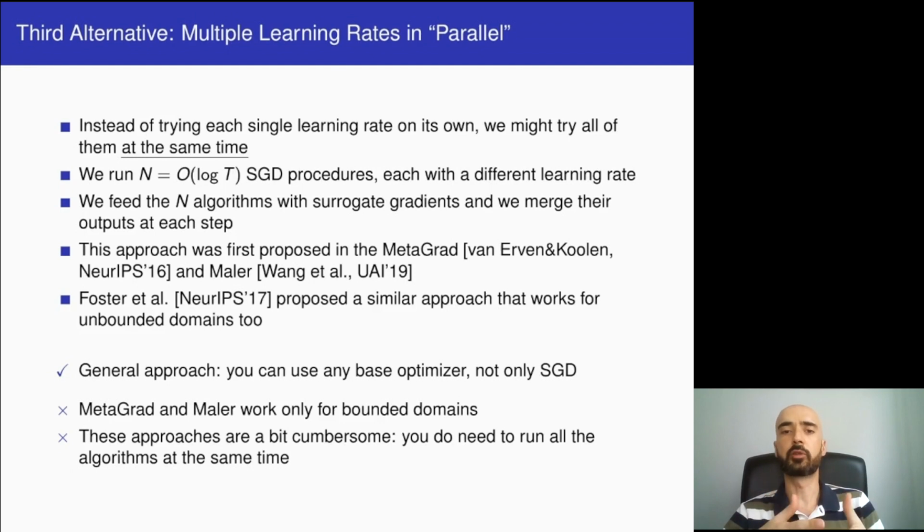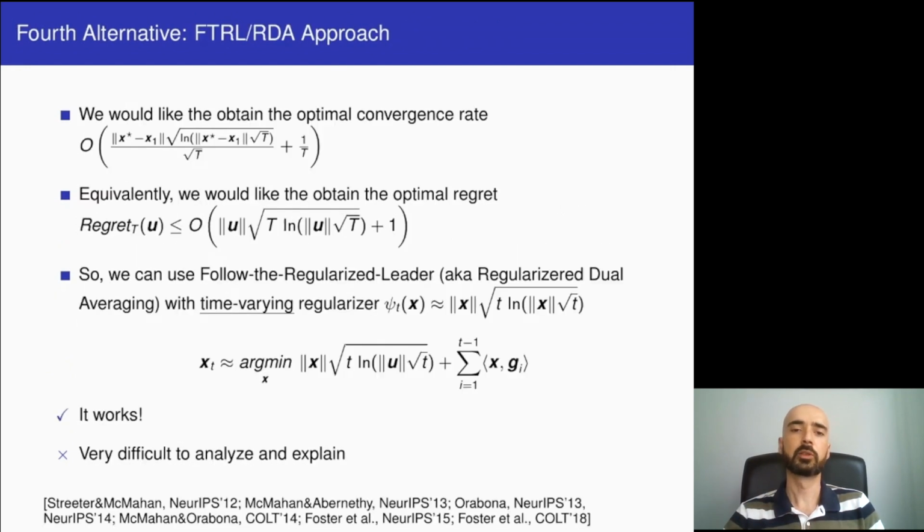And it's true that if you have a lot of computers in which you can run these procedures in parallel, you might say, okay, at the end of the day, this entire procedure is as fast as running just one algorithm. But it still feels a little bit unsatisfying because, again, you're wasting computation, maybe parallel computation, but still computation on learning rates that are not the right ones. So let me show you the fourth alternative that is something that actually works. It doesn't waste anything.